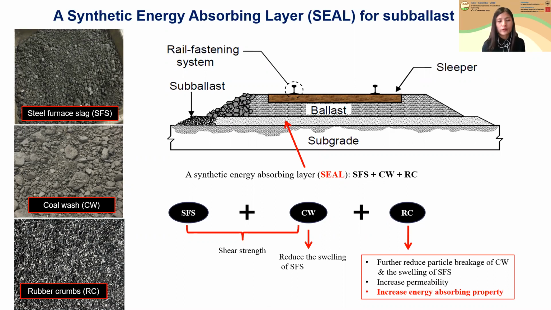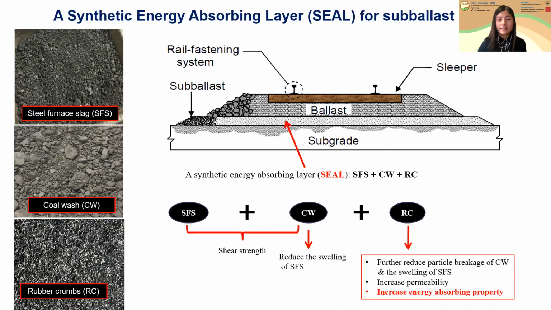Generally, these three waste materials can't be used individually because of their adverse geotechnical properties, like the swelling of steel slag, particle breakage of coal ash, and the low shear strength of rubber particles. But if they are mixed in the proper ratio, their adverse properties can be balanced very well.